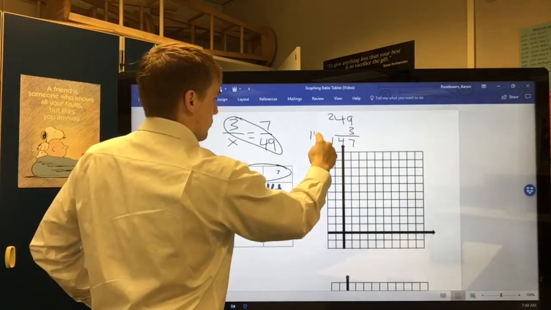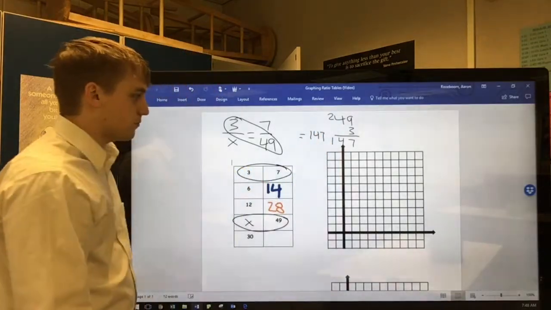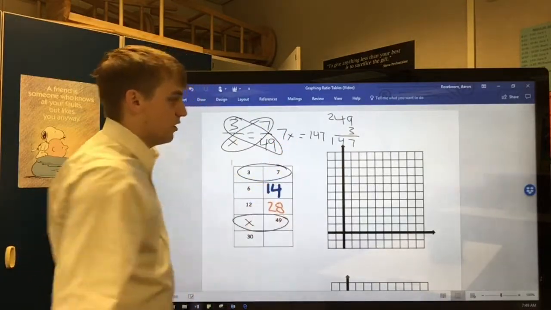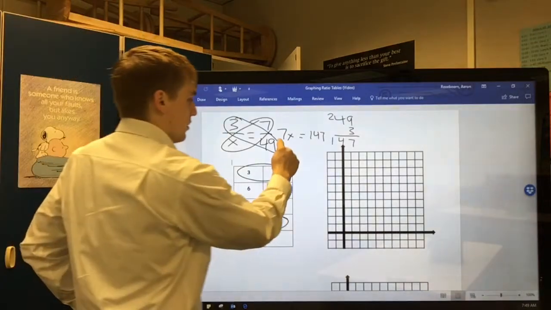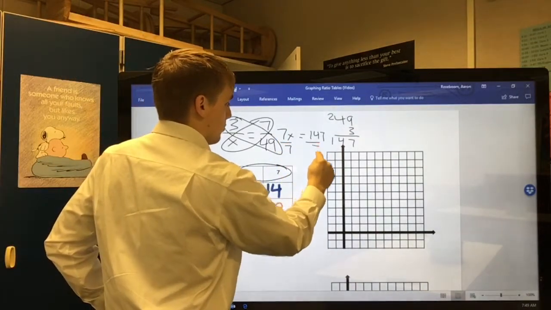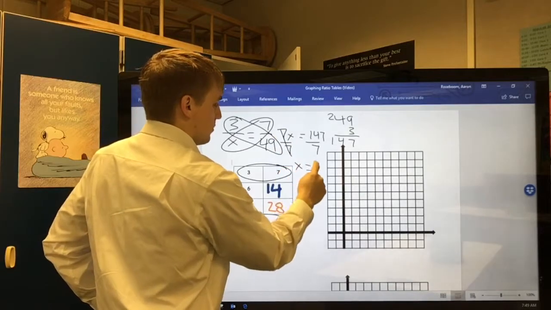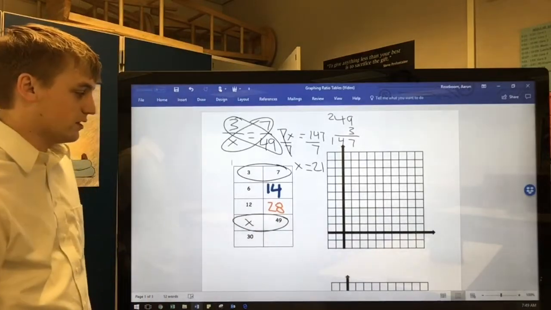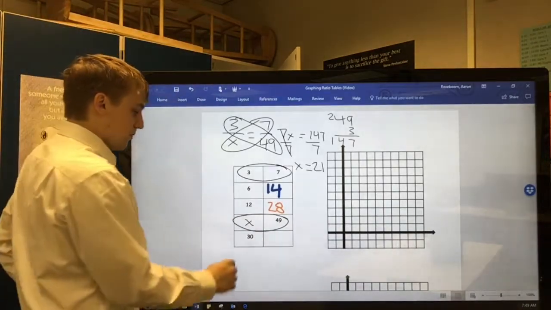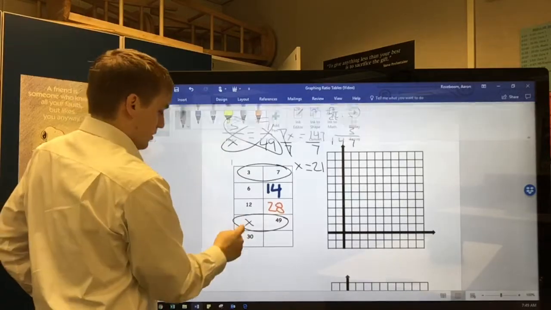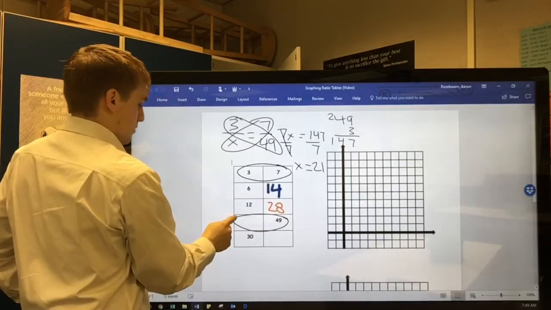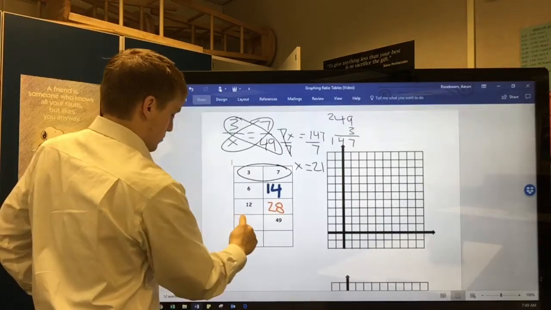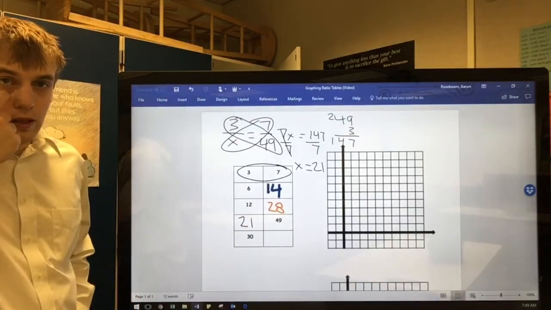So I get 147 equals 7 times x, which is 7x, and then you just solve for x. So I would divide by 7 on both sides. You get x equals 21. So I can put $21 in this spot here.